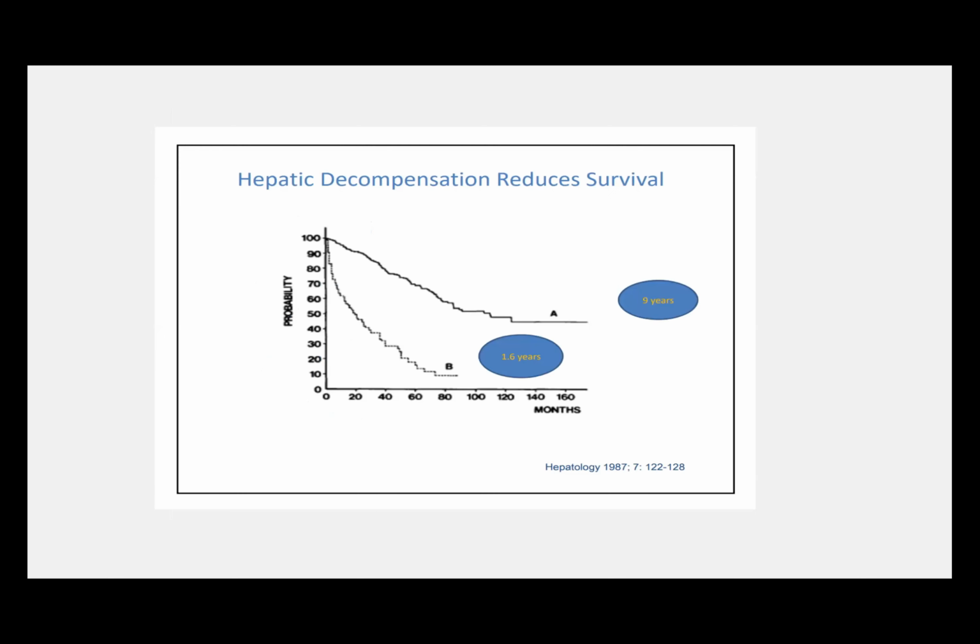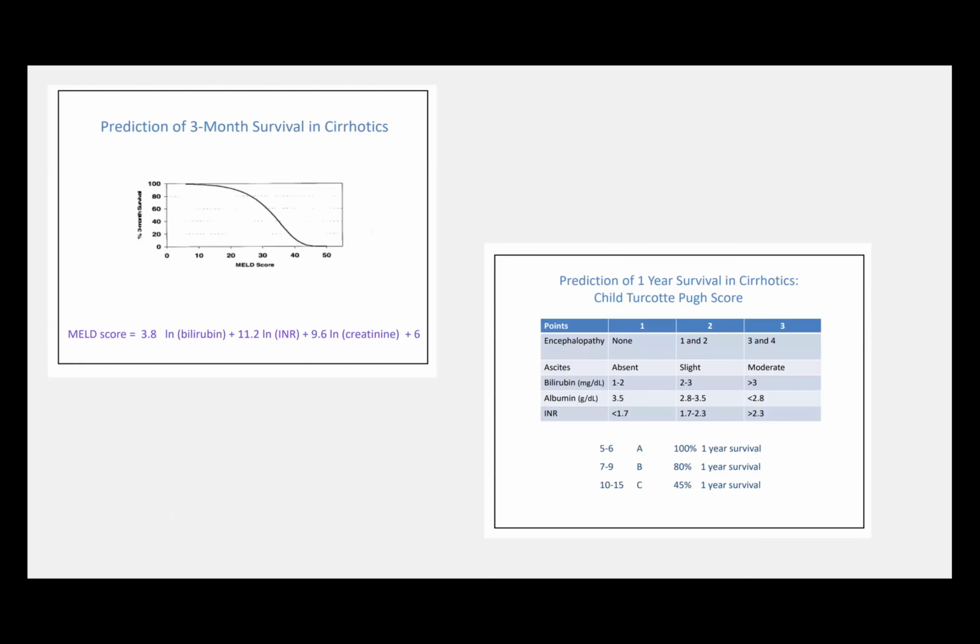We also talked about how it significantly will reduce your survival without a transplant. So even if you develop any type of complication, your survival is almost cut by half. So the 2 main models that we want to talk about, and I know you guys know about these, are the MELD and the CTP, or the Child-Turcotte-Pugh score.